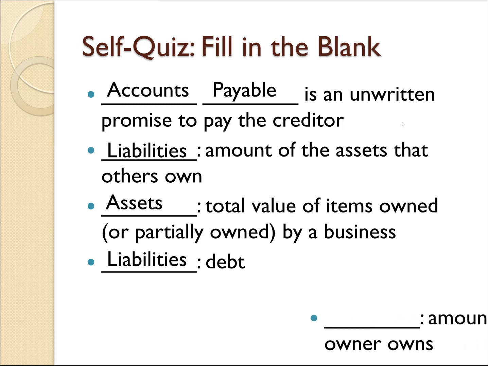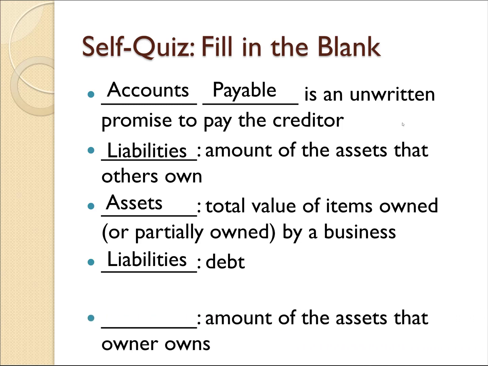And what do you call the amount of the assets that the owner owns? So notice previously we asked the amount of the assets that others own. This is the amount of the assets that the owner owns. This is called equity or owner's equity. And the equity account for a sole proprietor is called the capital account. So we would accept capital as the answer too.